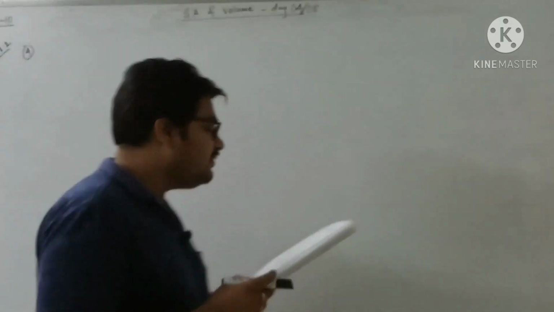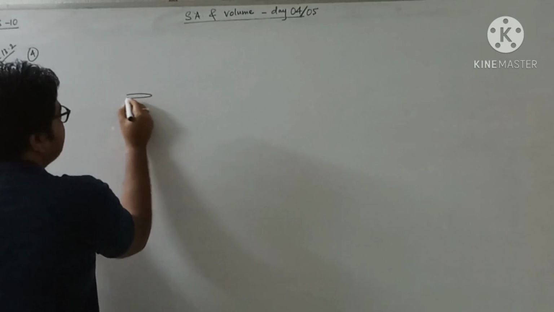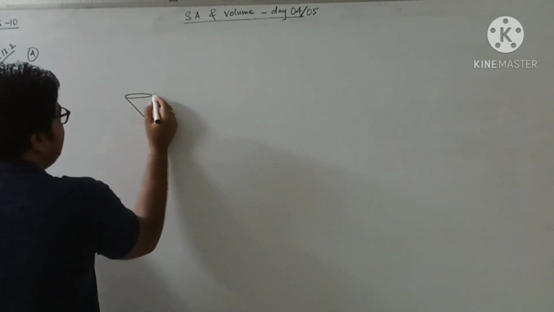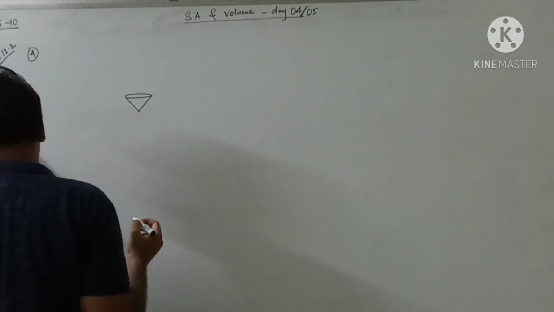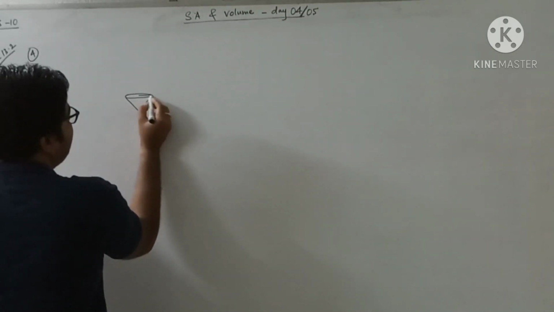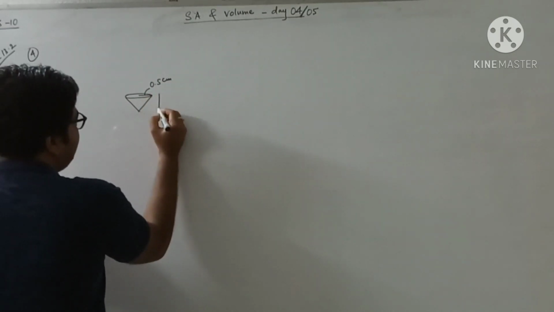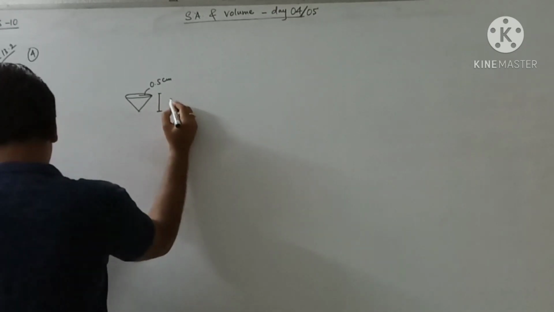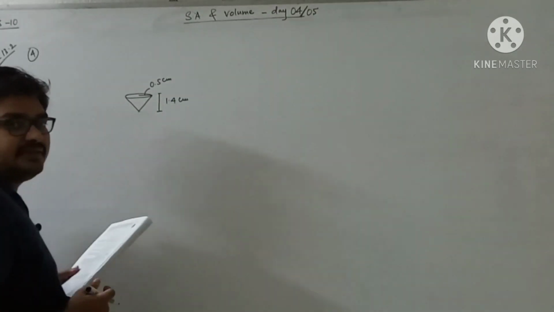So for each pen stand there is a conical depression. For this conical depression, the radius is 0.5 cm and the height is 1.4 cm, because depth is height also.